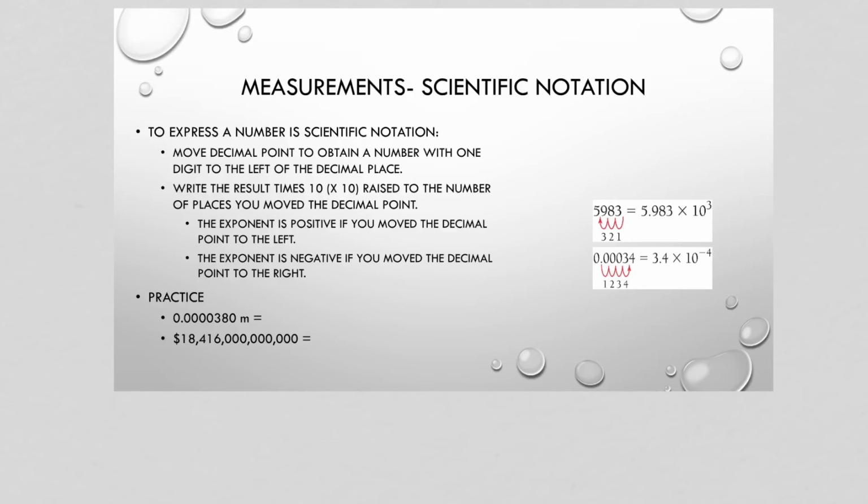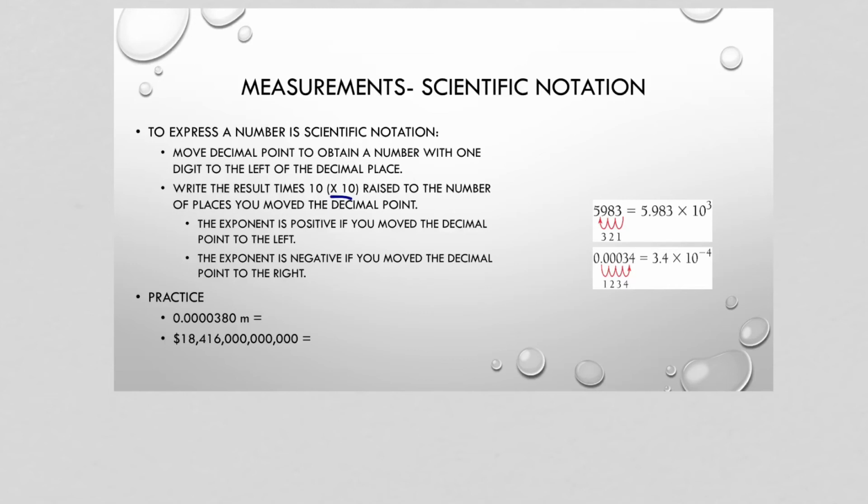The first one is to move the decimal point to obtain a number with one digit to the left of the decimal place. This is how we get the decimal portion. Then we write that result times 10 raised to the exponent, and that exponent is the number of places we moved the decimal point.